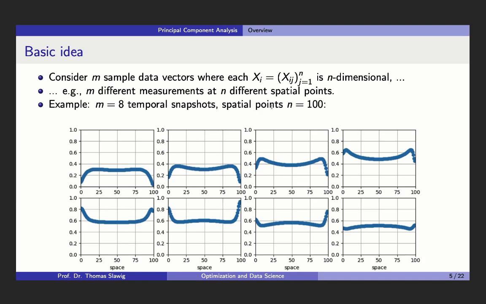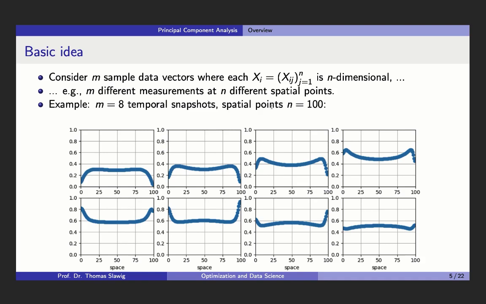So this is a typical application, and the different measurements might be just different runs which we consider as being random, or we can also say these are snapshots, temporal snapshots. And this is my example in the picture. This is just a simple 1D simulation of a predator-prey model, so a model of an ecosystem in a spatially moving fluid.